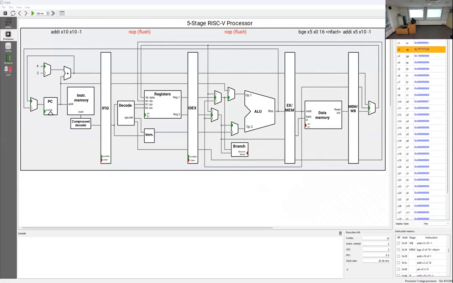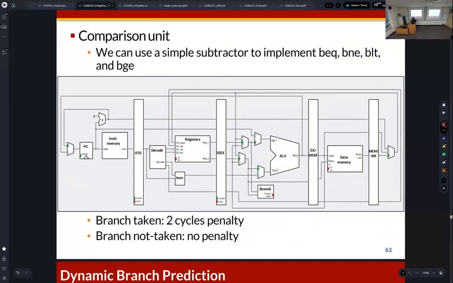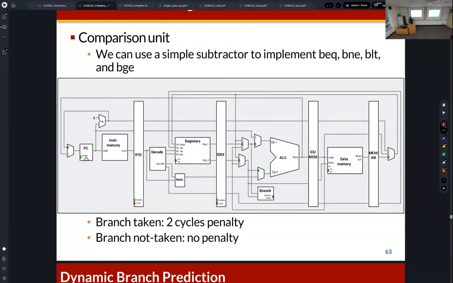Actually, I copied this design. This is the design of the 5-stage pipeline processor from the simulator. We can find that the branch is here because this is just comparison.